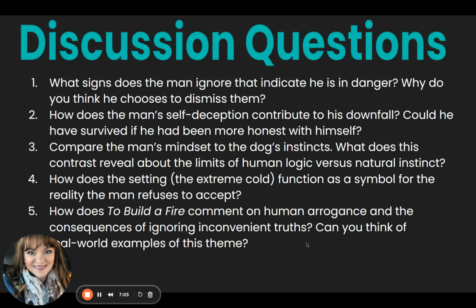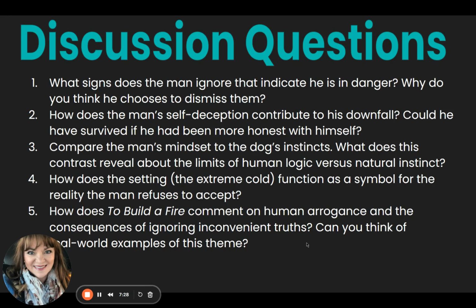How does the man's self-deception, so he's deceiving himself, contribute to his downfall? Could he have survived if he had been more honest with himself? So it's a little bit of a spoiler there, but that's okay. Compare the man's mindset to the dog's instincts. What does this contrast reveal about the limits of human logic versus natural instinct?